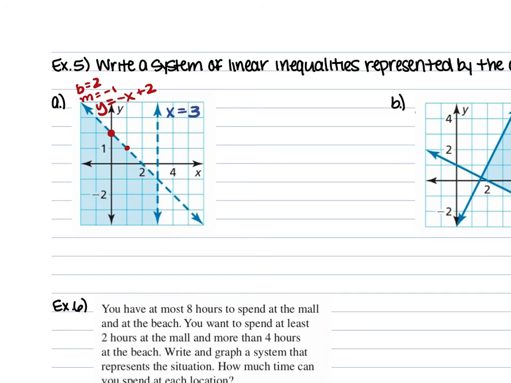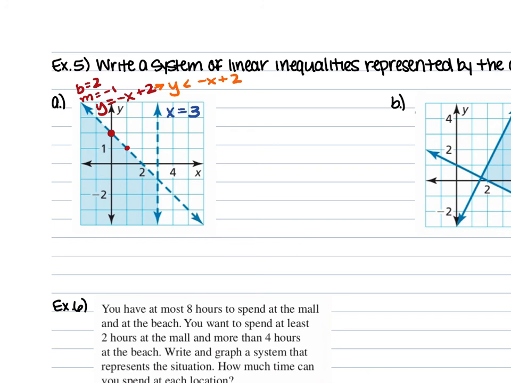Now figure out what your inequality signs are going to be for each of these. For that diagonal line, my shading is below the line, so that's going to be y is less than negative x plus 2. It's also a dashed line, which is why it's staying just less than and not becoming y is less than or equal to.